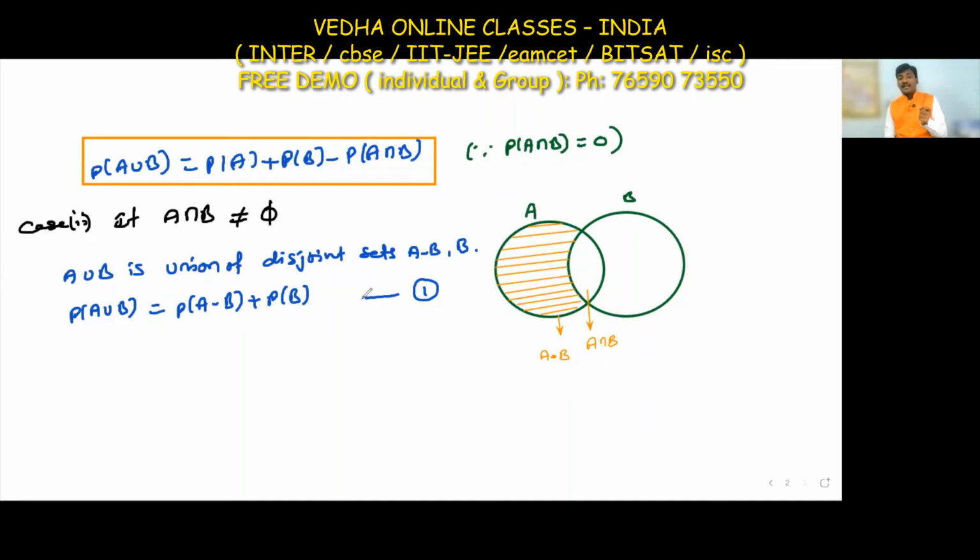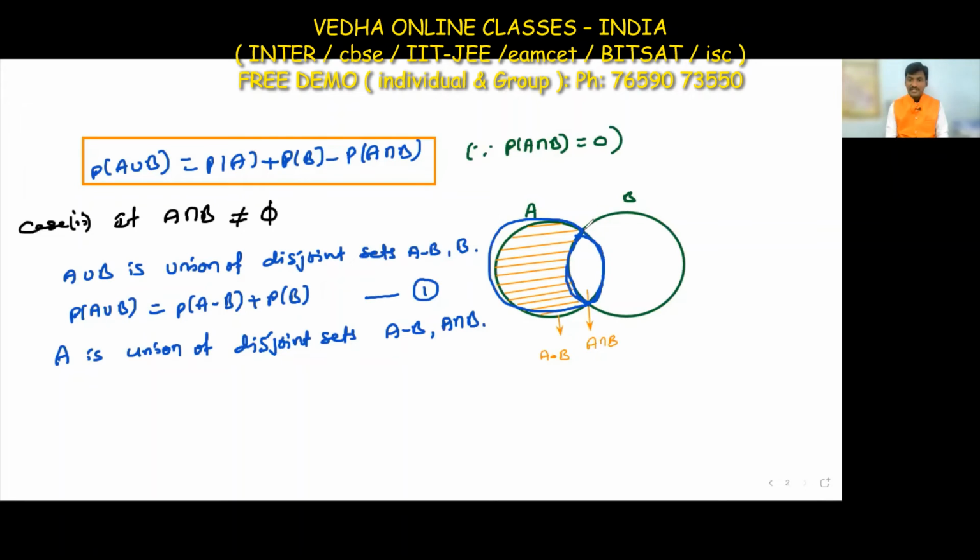And A is also a combination of two disjoint sets. A is the union of disjoint sets A minus B, comma A intersection B. If you take A, in this A we have two sets. One is A intersection B and the other is A minus B, this shaded part.